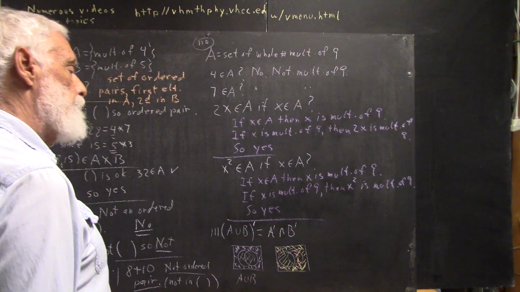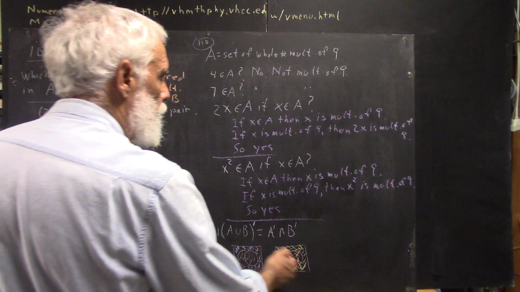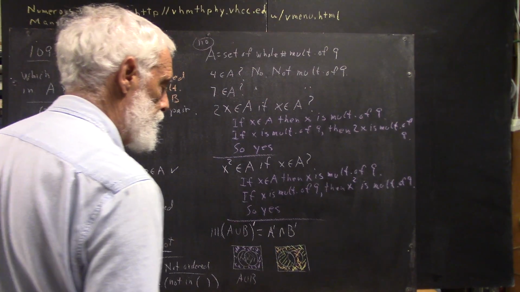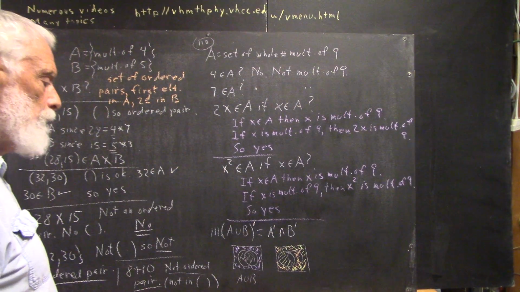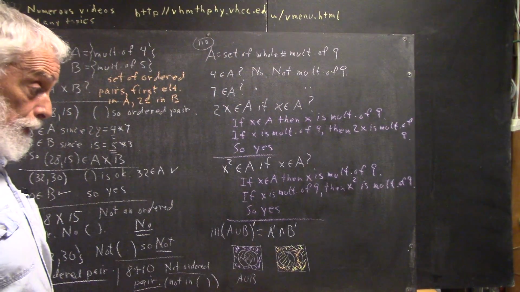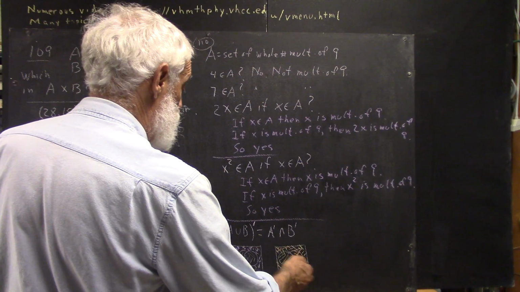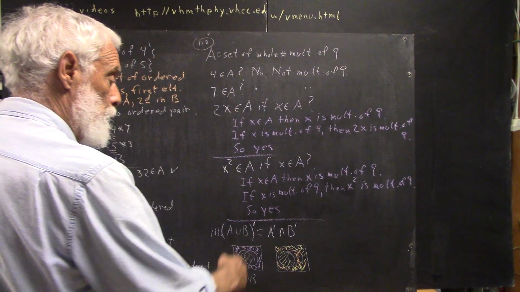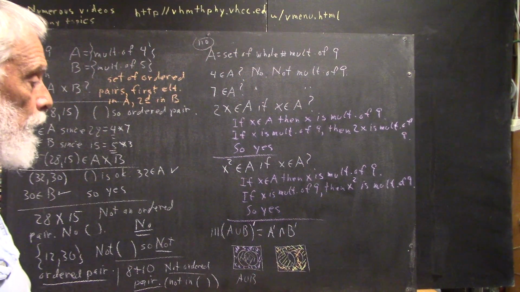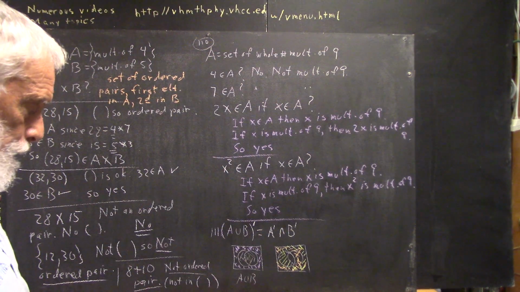Yep. Okay. So now everything that's shaded here would be A prime union B prime because union is inclusive. And everything that's shaded here clearly is not what we've got here. Okay? What we want though is A prime intersection B prime.